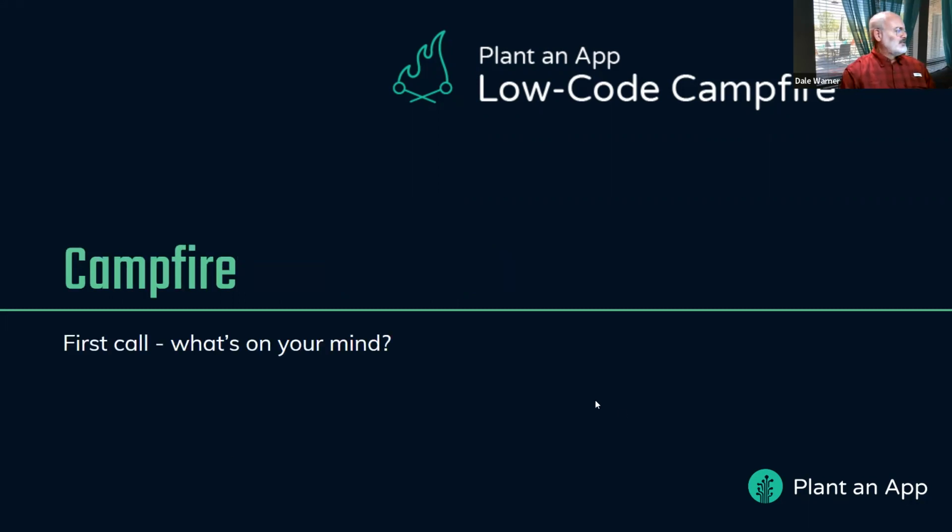So, anybody have something for first call? I have a quick question if anyone can come up with an idea. I know there's a way, I can't even remember the token call for it, where you can obtain the current IP address of the person's browser.